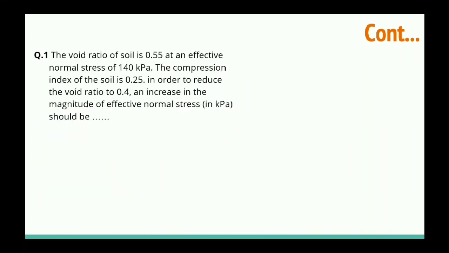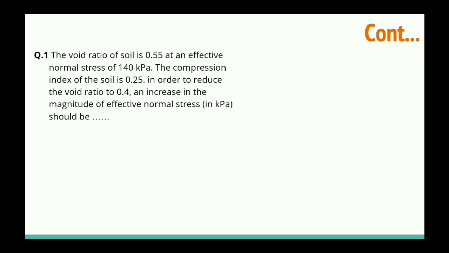Here I am going to discuss some numerical problems. Question number 1: the void ratio of a soil is 0.55 at an effective normal stress of 140 kilopascal. The compression index of the soil is 0.25, meaning the Cc value is given. In order to reduce the void ratio to 0.4, the increase in the magnitude of effective stress in kilopascal should be?